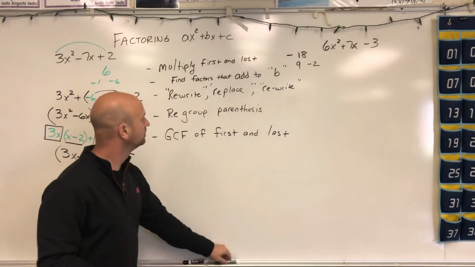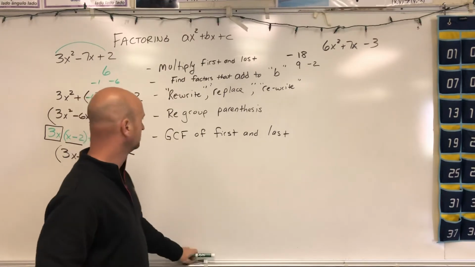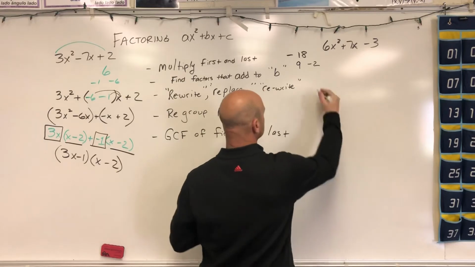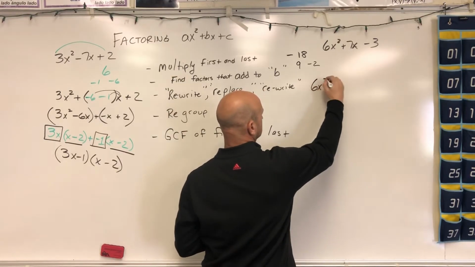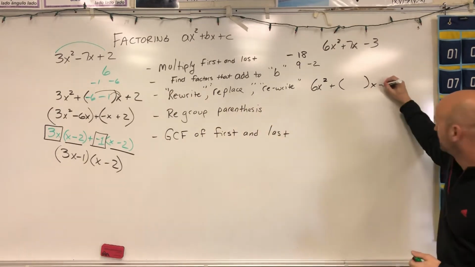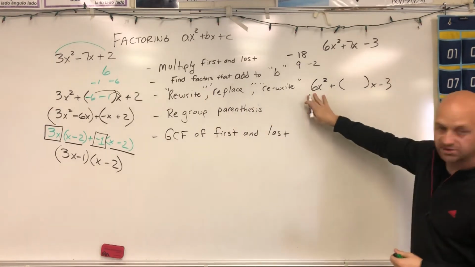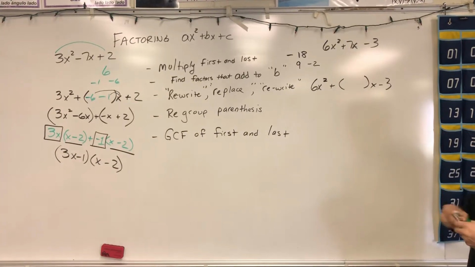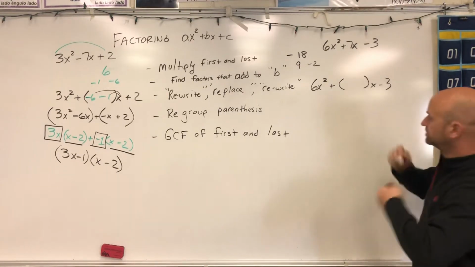So now we're going to rewrite 6x squared, we have our parenthesis term, and then we have minus 3. So we're going to rewrite the first and the last, and we're going to replace the middle with 2 terms.